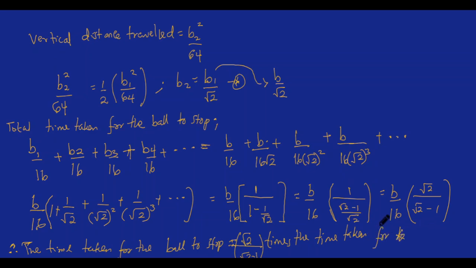If we know the time taken for the first bounce, we can get the time that it is going to take for the ball to stop by multiplying it by root 2 divided by root 2 minus 1. When you evaluate that in a calculator, you get something around 3.4. So roughly 3.4 multiplied by the time taken for the very first bounce is going to give us the time taken for the ball to stop.